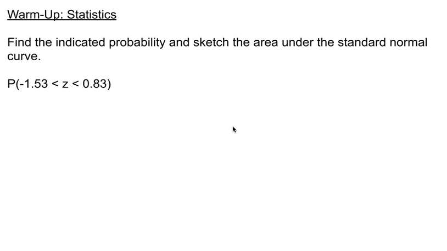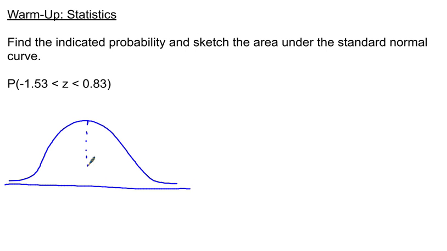Alright, since we are looking at the z-score between negative 1.53 and 0.83, I'm going to start by drawing my normal curve. Right here, we'll have the mean of 0. We have a z-score of negative 1.53 around here, and a z-score of 0.83 about here, and we're looking at this area in between.